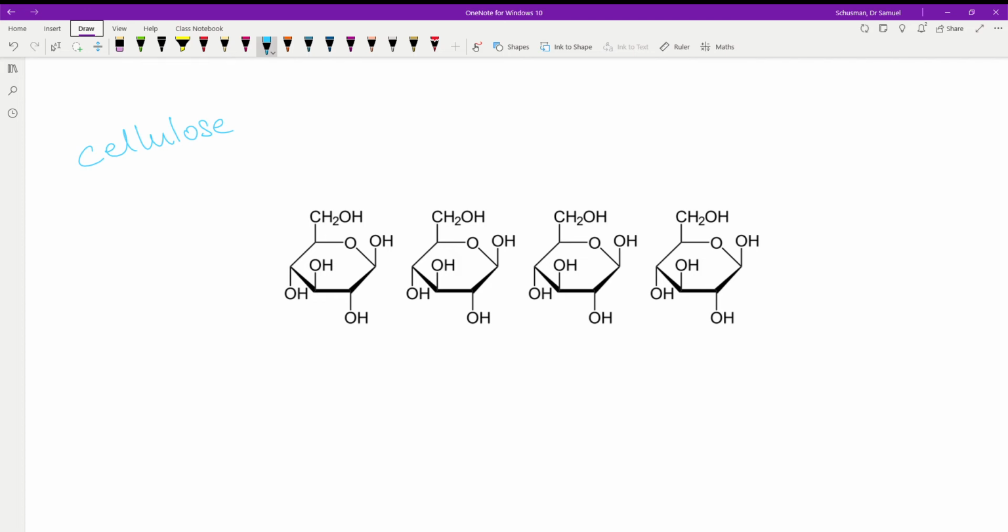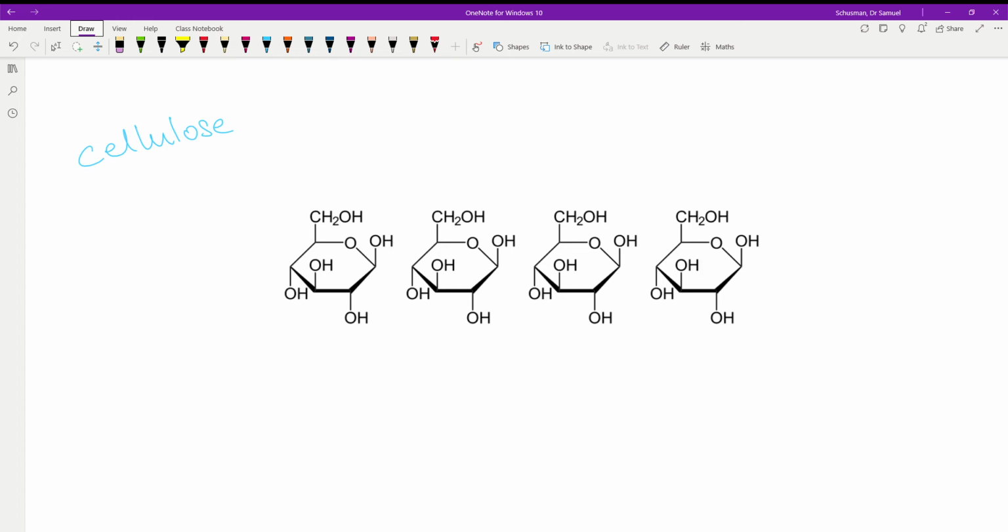So if we look here, we have our glucose, and we've got 6, 5, 4, 3, 2, 1. And we look at our carbon 1, and we look for our H group, which would be here because the OH is up. That is below. So what we have here is lots and lots of beta glucose, and we need to make a polymer from it.